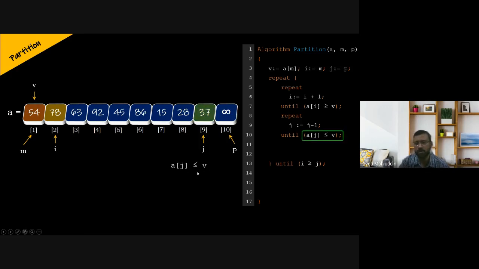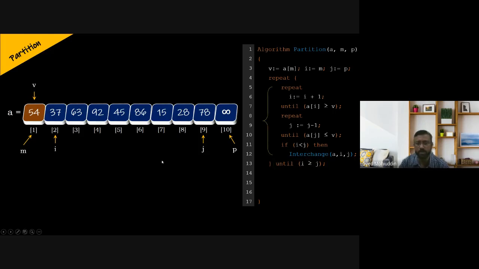Now once I and j stop, if I is less than j, then we will interchange. Interchange is nothing but swapping the elements in the array A at index I and index j. And once I crosses j, that is I becomes greater than j, we have found the position of the pivot element.